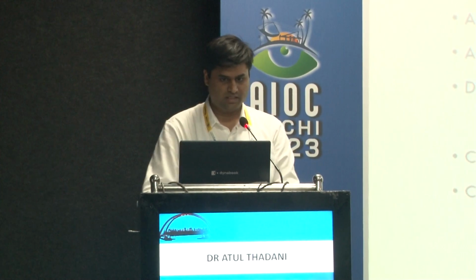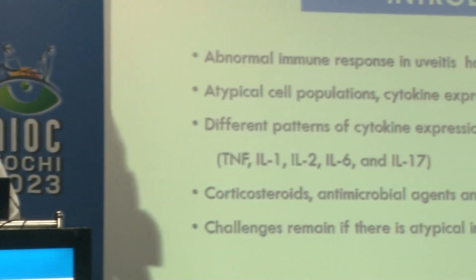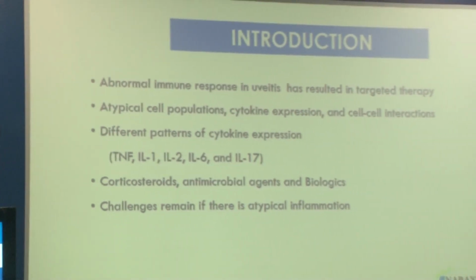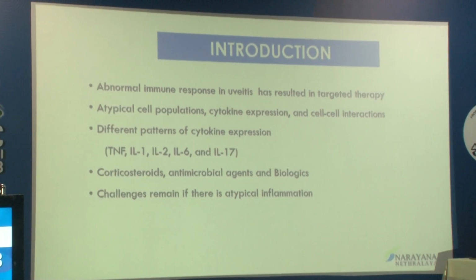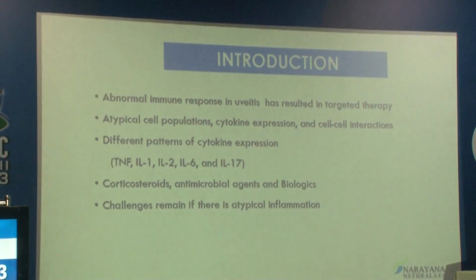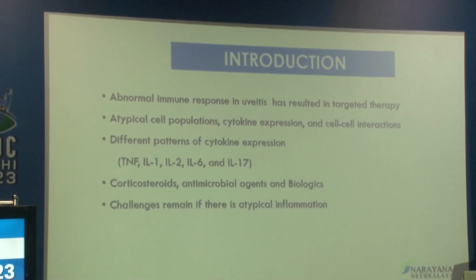Normally cytokines are present, which are responsible for all the uveitic problems seen in these diseases. Any abnormality or atypical cell population, cytokine expression, and cell-to-cell interaction can be seen in these uveitic entities.